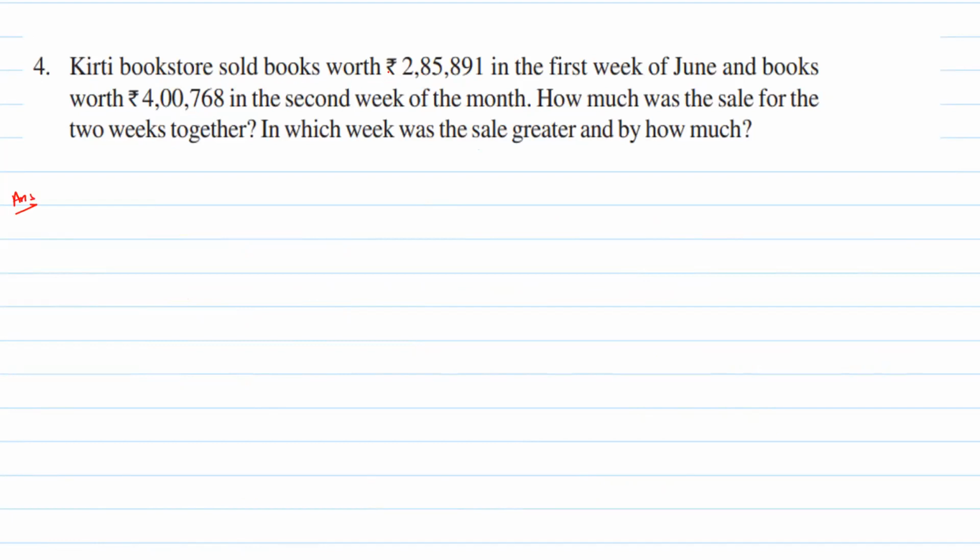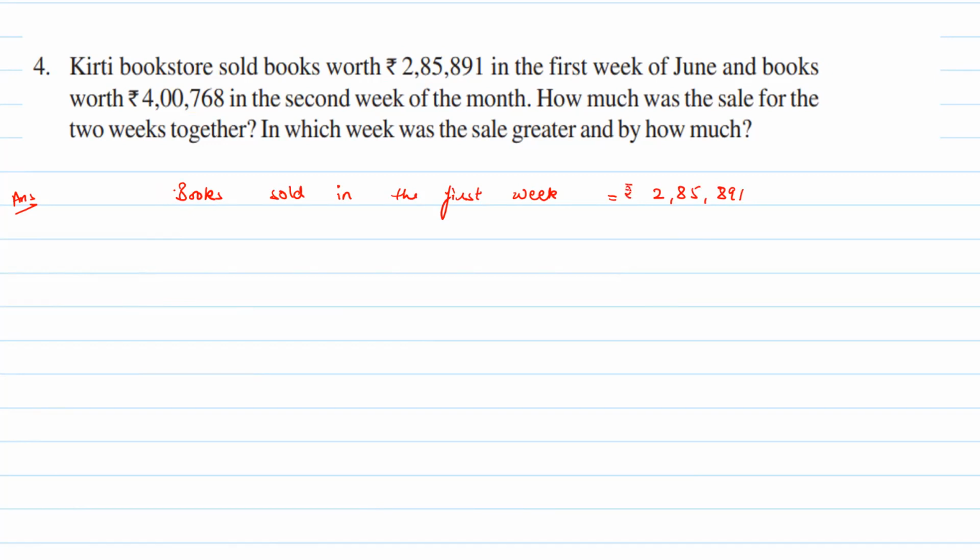Kirti Bookstore sold books worth rupees 2,85,891 in the first week. This much in the second week. So how much was the sale for the 2 weeks together? So just write it. Books sold in the first week were 2,85,891 rupees.